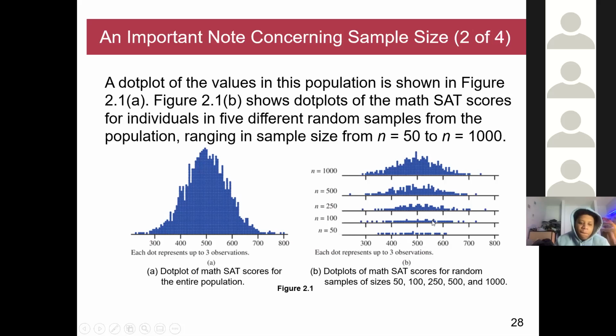It's a little better distribution when we have a sample of 100. It gets better, obviously, as the sample size gets bigger, but even a very small sample size of 50 is not a bad representative of the population distribution. Most scores are still typically between 400 and 600, and that's true for any of these samples shown here.